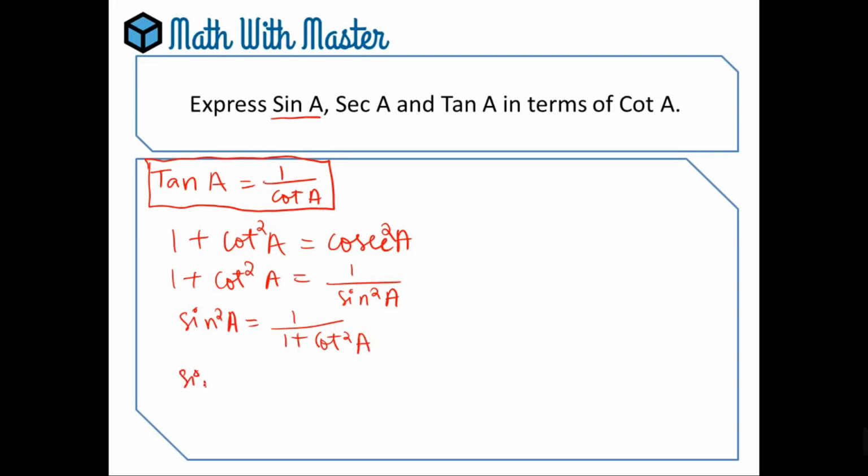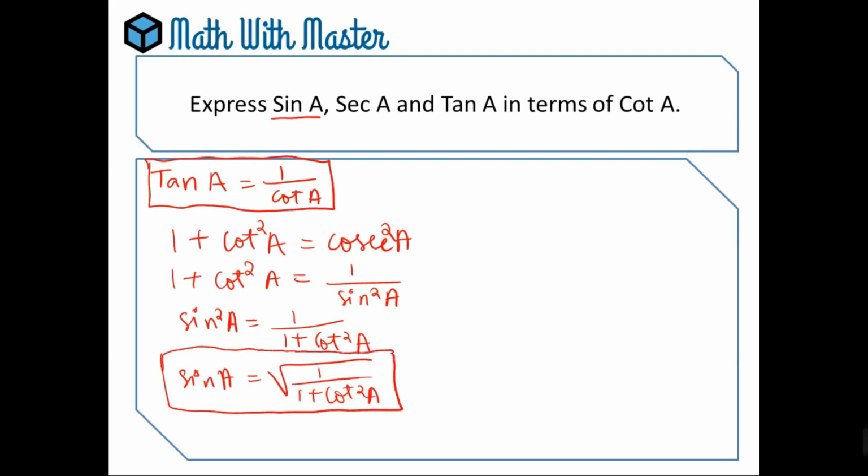Now we can write sin A as 1 upon under root 1 plus cot square A. So this is how we have found our sin A.